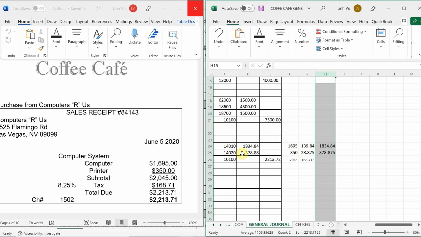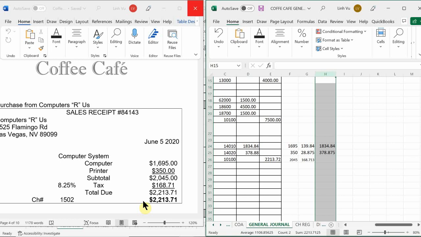What's wrong with this calculation? You have $2,213.72 compared to $2,213.71. What's wrong?